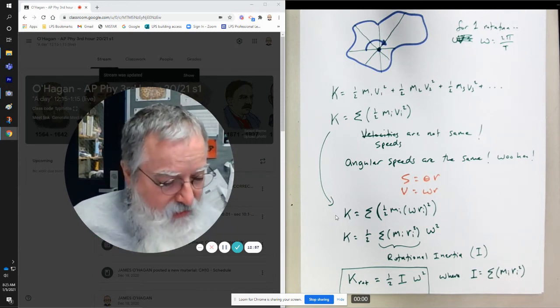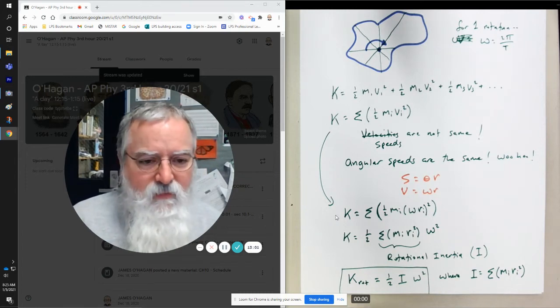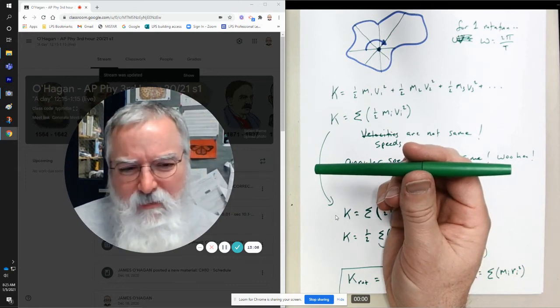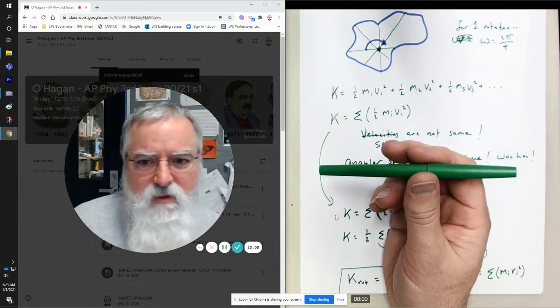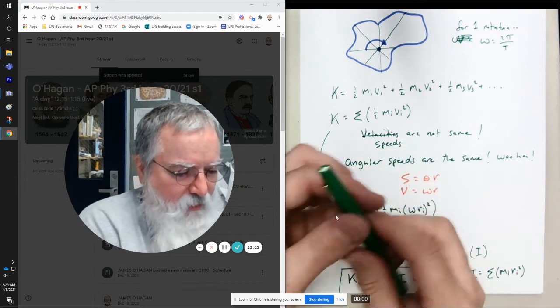If I take, let's use a pen. If I take my pen, and this is not a really good example because it's so small. But anyway, think about this with a big giant bar, or a baseball bat. So I take a baseball bat and I hold it like this.